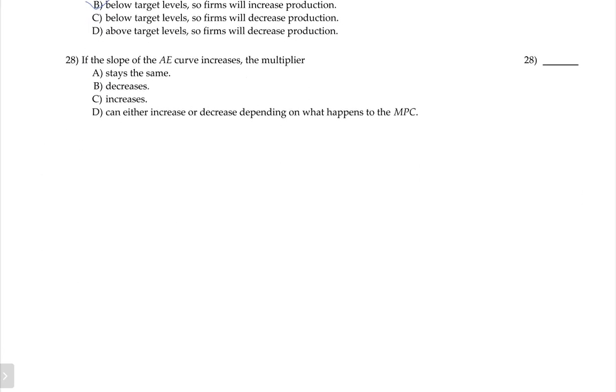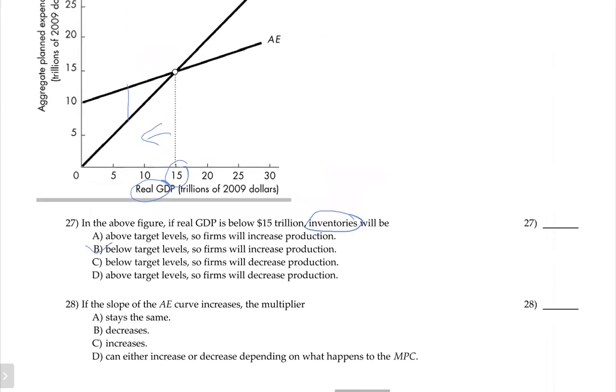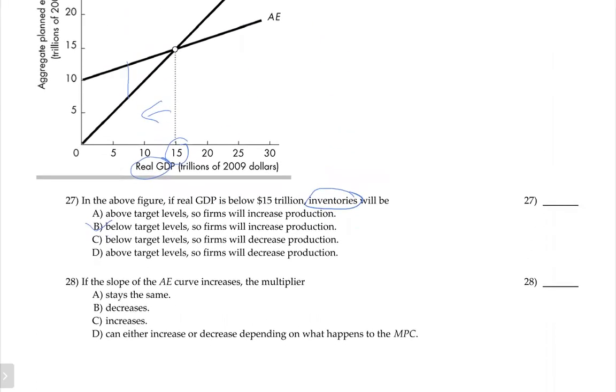28. If the slope of aggregate expenditure increases, the multiplier. Oh, so maybe we can look at it here, right? So this is the aggregate expenditure curve. So the slope of aggregate expenditure curve is given by MPC. Why? Because in the class we say aggregate expenditure equals what? C plus I planned. And C equals A plus MPC times YD, and then plus I planned.